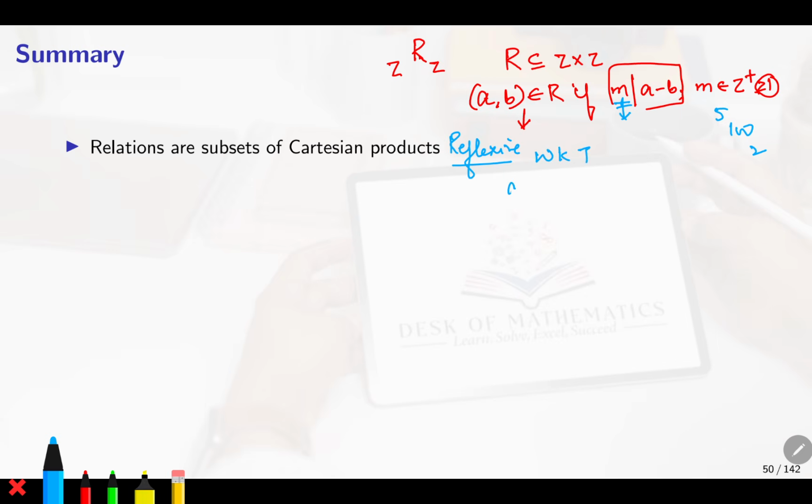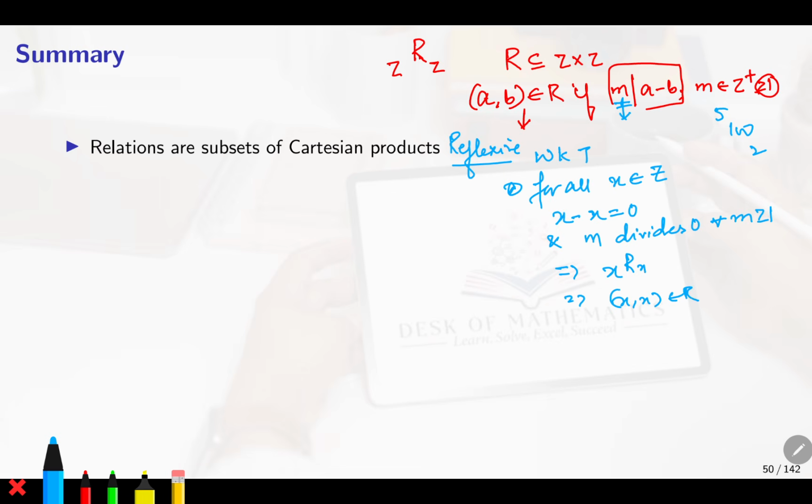We take any x in the integers: x minus x gives you 0, and m divides 0 for all m greater than or equal to 1. That means x is related to x, that means x comma x belongs to your R. Simple.